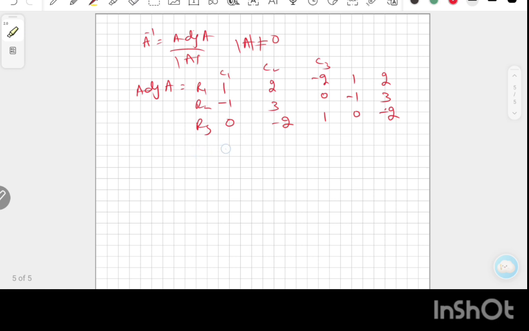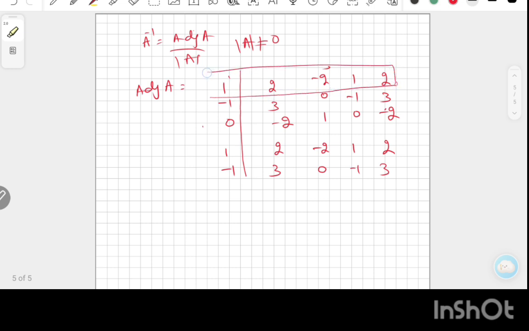So what is row 1? 1 2 minus 2 1 2, and what is row 2? Minus 1 3 0 minus 1 3. We have to repeat these things. Okay, here dear friend, we have to make an L form. How do we get the L form? This is our L form. So we just make this L form here, writing it in this form.